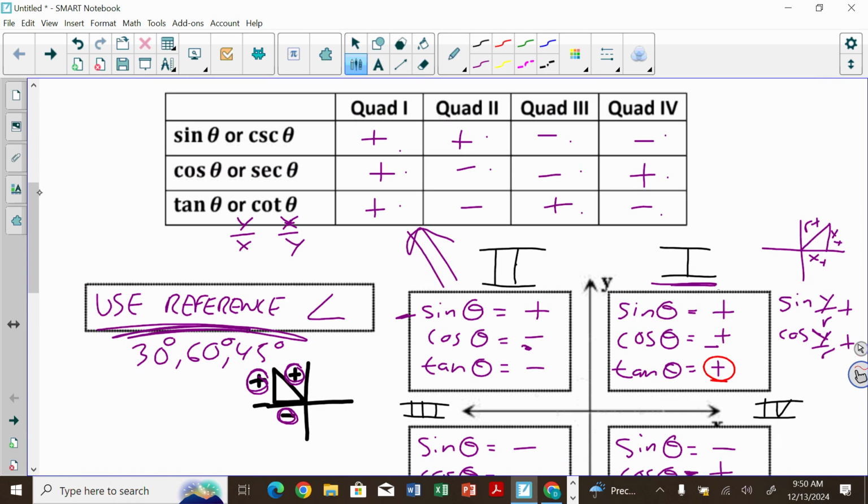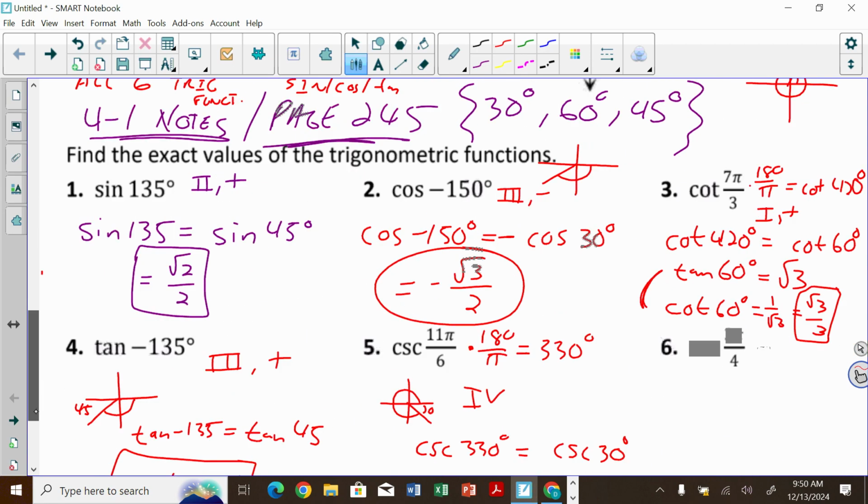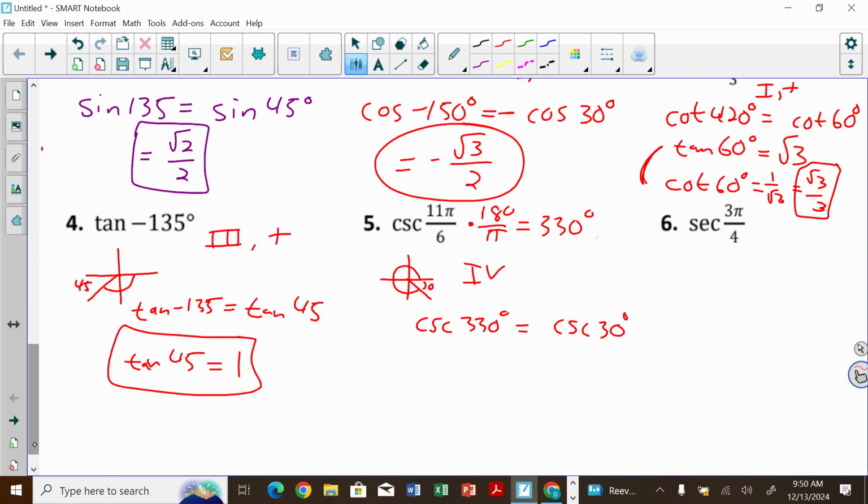All right, cosecant in quadrant 4 is negative, so I'm going to use a negative out in front. It just tells me the answer is going to be negative, whatever that is. Now, I can go ahead and do sine and do the reciprocal, but if I use my notes here, you can jump to that. I know that this is going to be negative 2, because the sine of 30 would be 1/2, or negative 1/2 in this case, and the reciprocal would be negative 2.